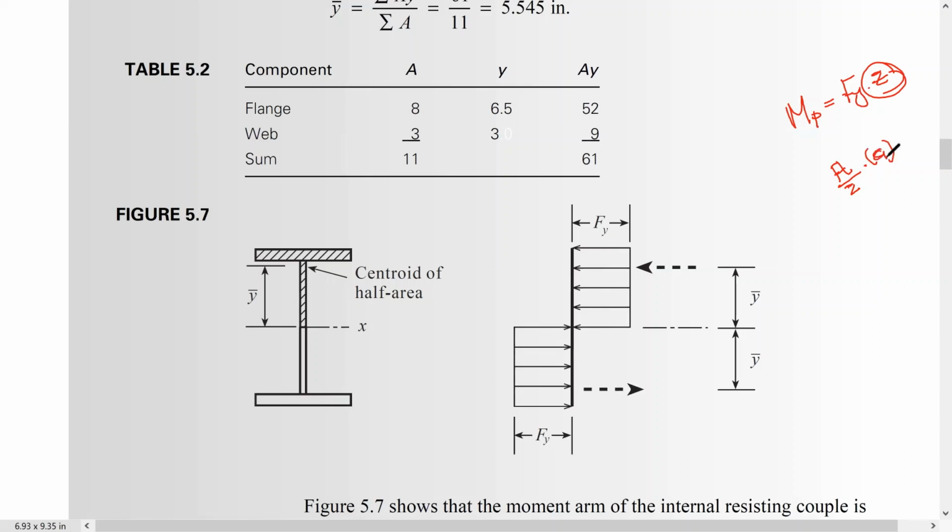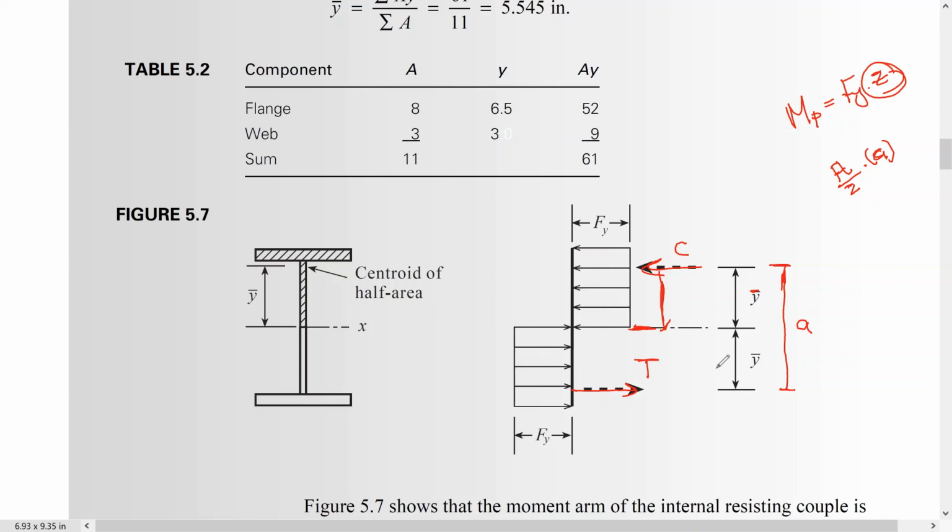And a, as I showed you previously, is the distance between the compression and tension forces. So how to calculate that? We need to get this distance here, which is a, or this distance will be the same, which is y hat, or prime, because this is a symmetrical shape.